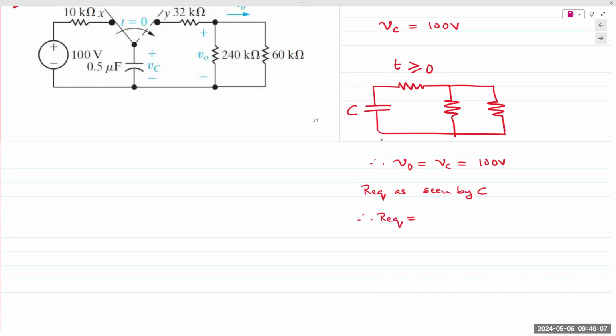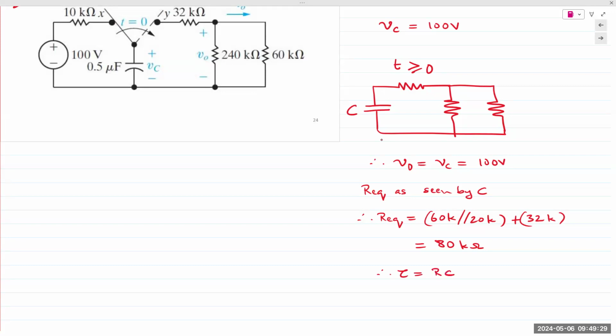Req is 60K in parallel with 20K, which is then in series with 32K. And that gives me 80K, 80 kilo ohms.